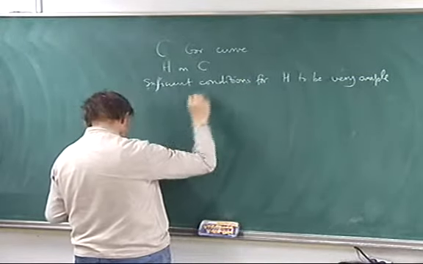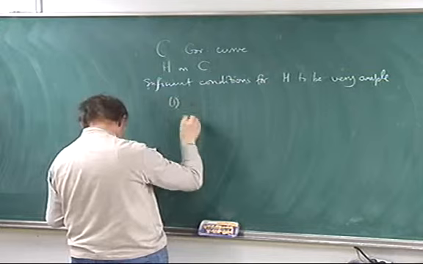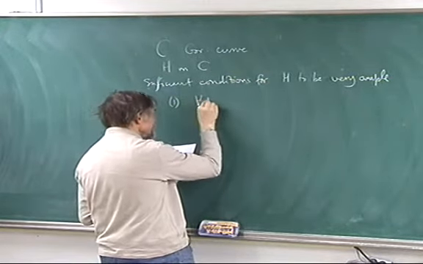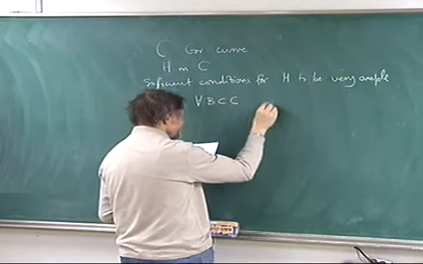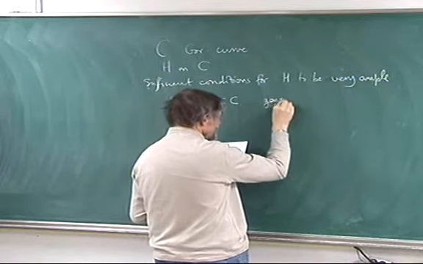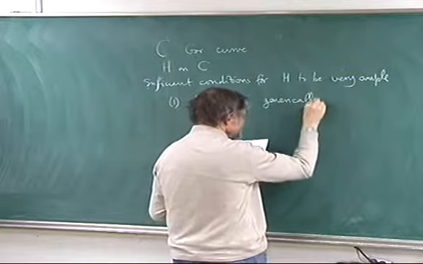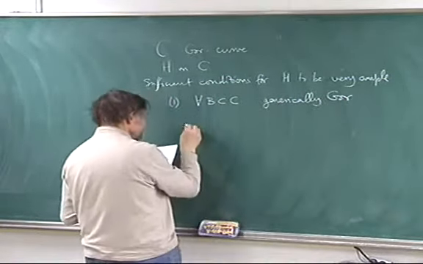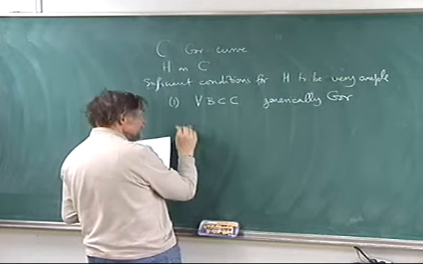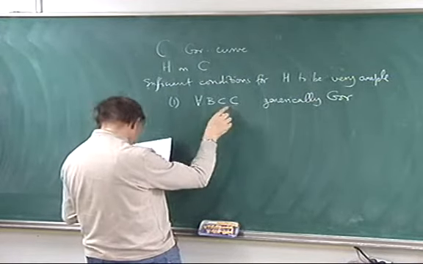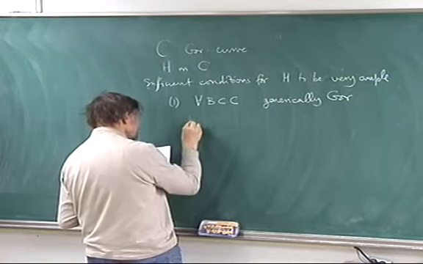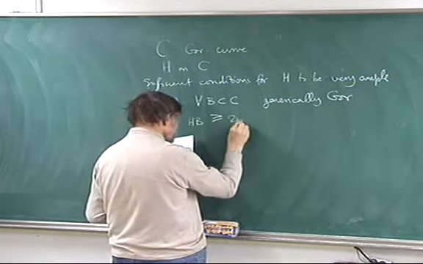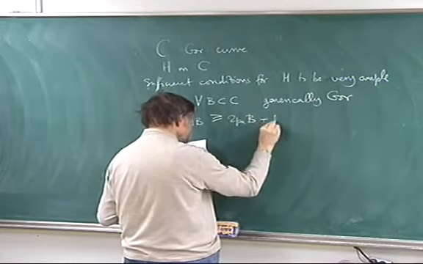has two slightly different alternative forms. So one is: for every B in C, this is this previous thing, generically Gorenstein, for every generically Gorenstein subcurve B, H times B is greater than or equal to 2pa of B plus 1.